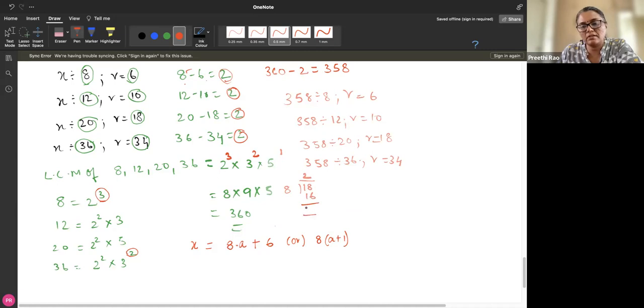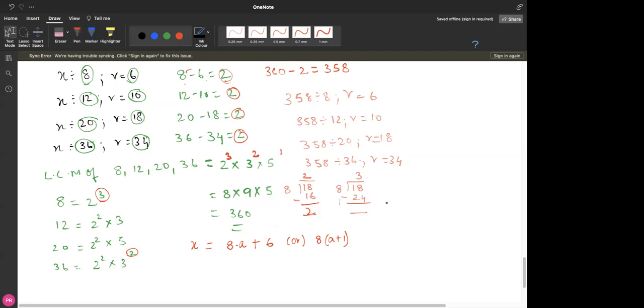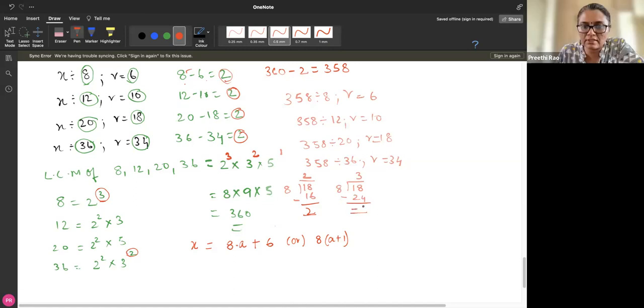What is the remainder? 2. So instead of taking 8 two times, which is what we usually do, let's say for argument's sake, I take 8 three times. 24. What is the remainder? -6. It is -6, isn't it? So if I go to the next quotient, I get a negative remainder.